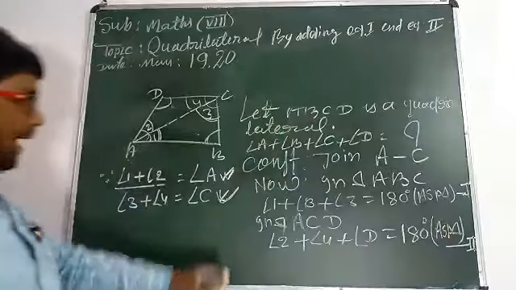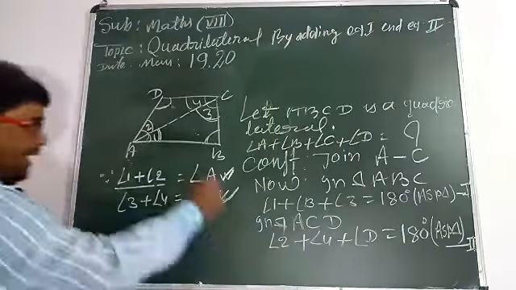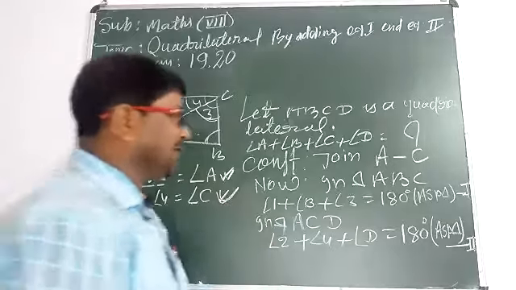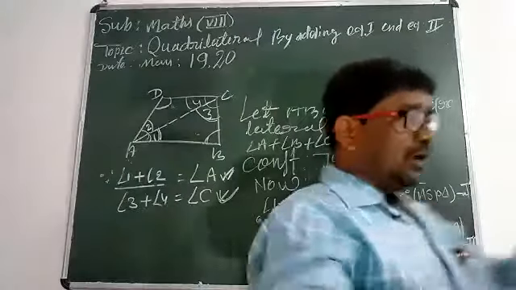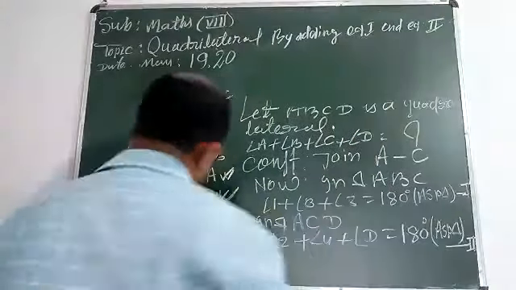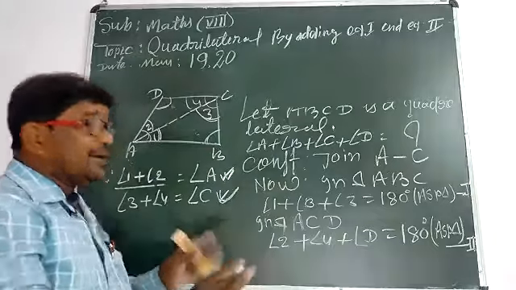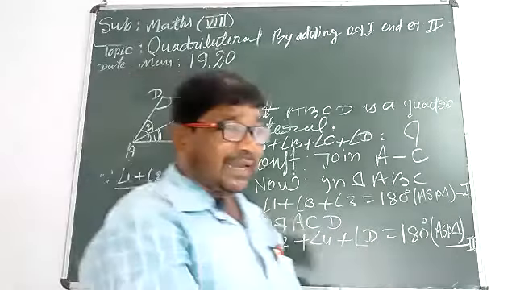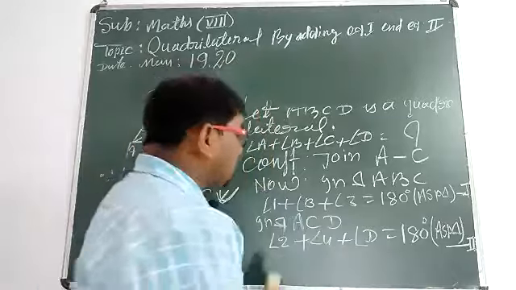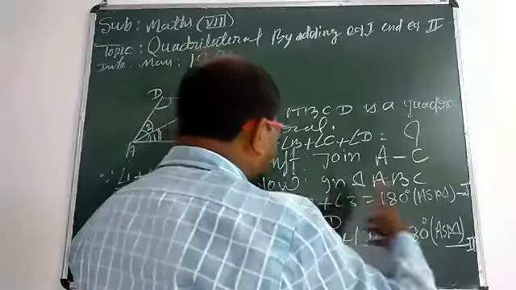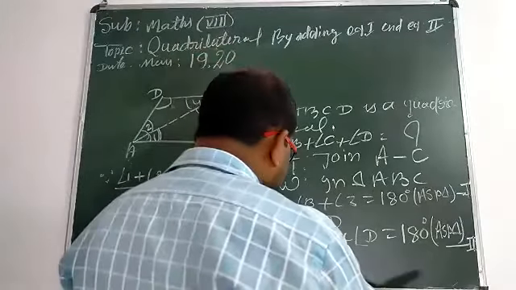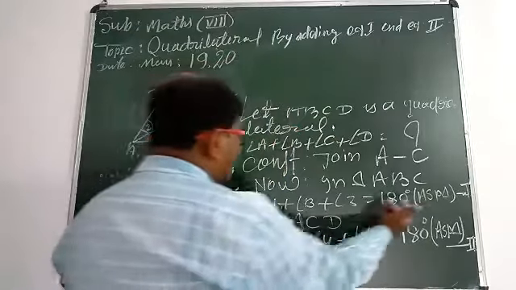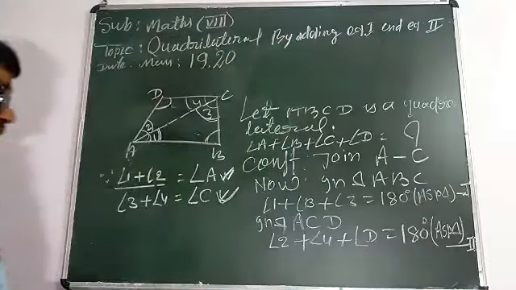We are adding these two equations together. So first, we should add LHS to LHS, then RHS to RHS. We have discussed LHS and RHS in our previous chapter, linear equations. So you should add LHS to LHS and RHS to RHS.